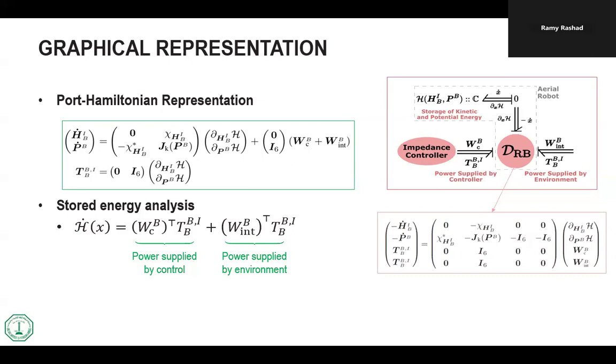However, the damping part is something extra. If we had damping here, we would represent it as an extra element. Usually we call it an R element, like a resistive part. And the C here corresponds to a capacitor part. This was the idea Henry Paynter had when he was talking about bond graphs. He used the C element for something like a capacitor, which stores energy, and the R part is something like a resistor, which dissipates energy.